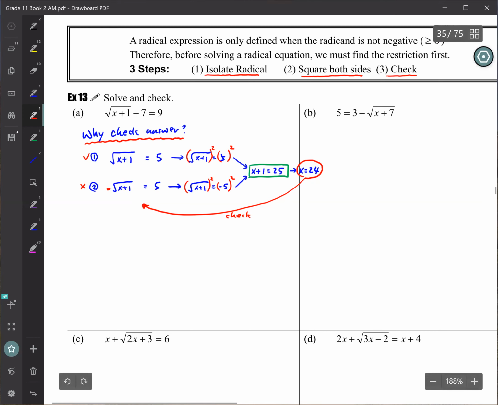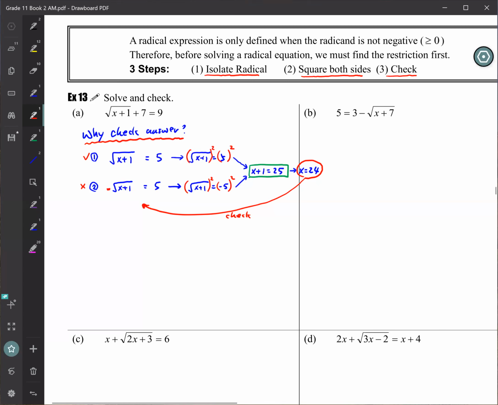So for the second one, it doesn't work. If the question is like number 2, even though you get 24, you should reject. So both of them end up with the same answer, but it works for the first question and doesn't work for the second question.